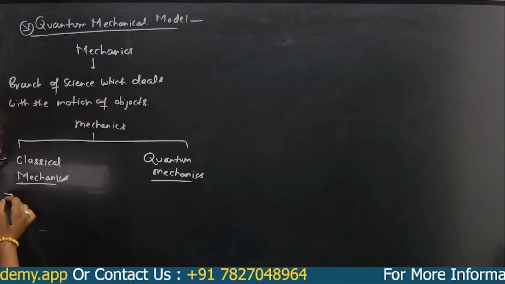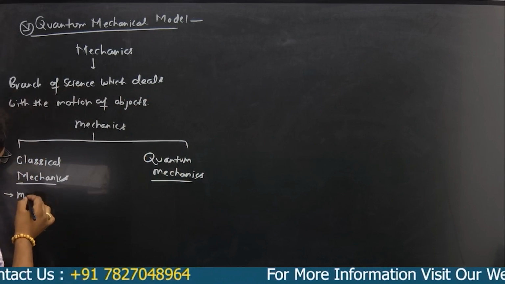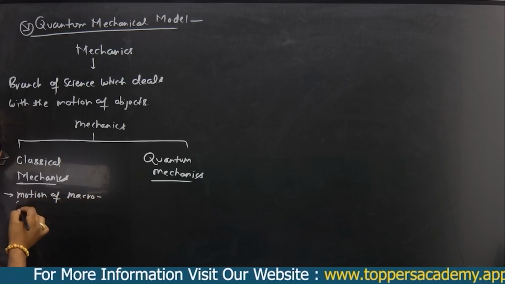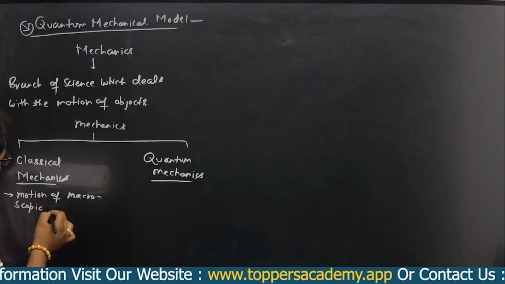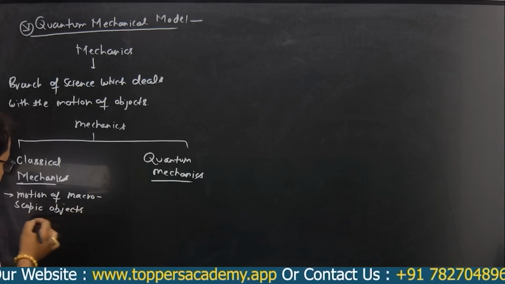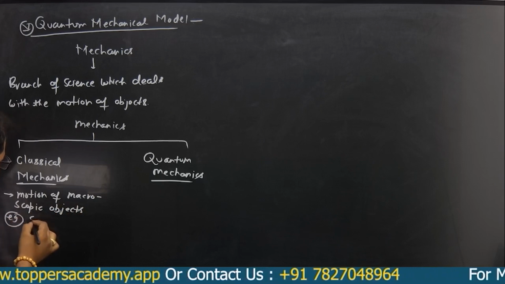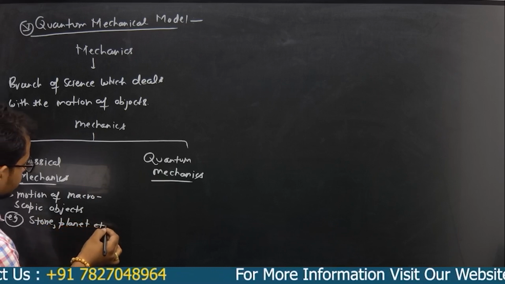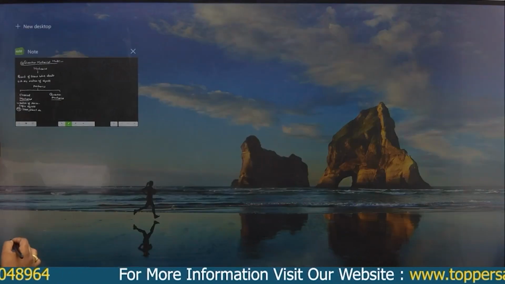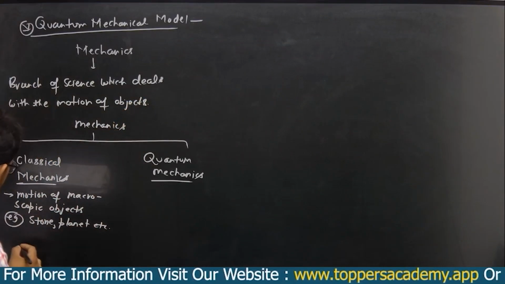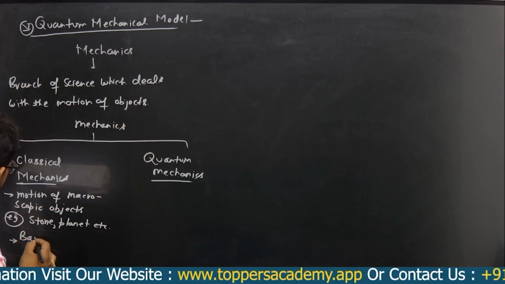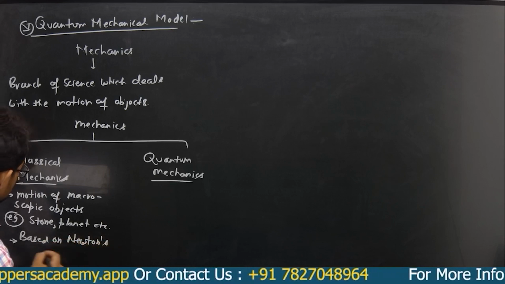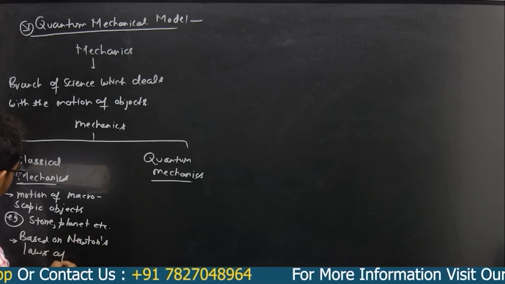Classical mechanics deals with the motion of macroscopic objects which have higher mass, for example stone, planet, etc. It is based on Newton's laws of motion.